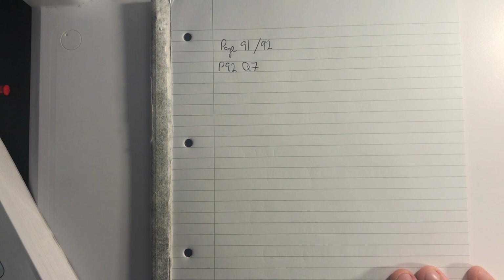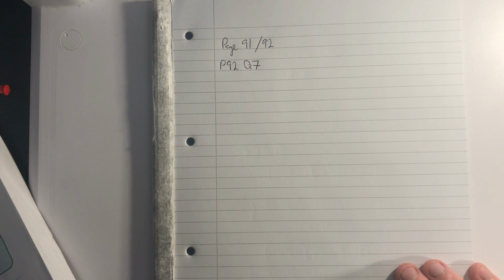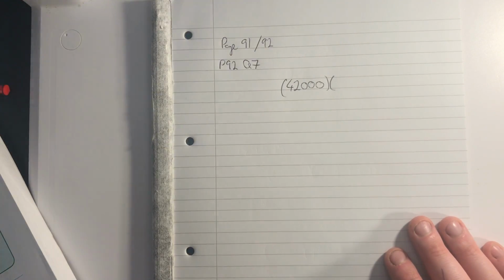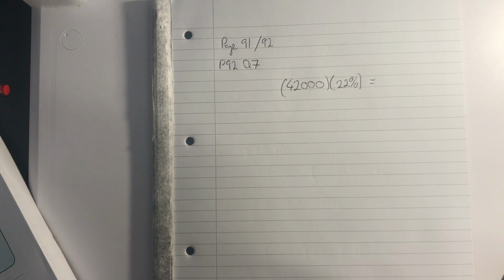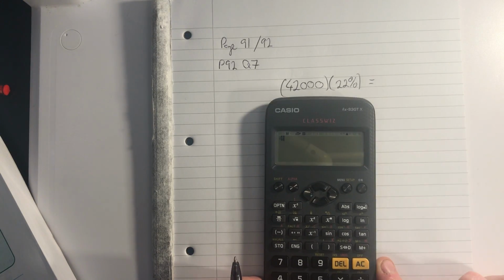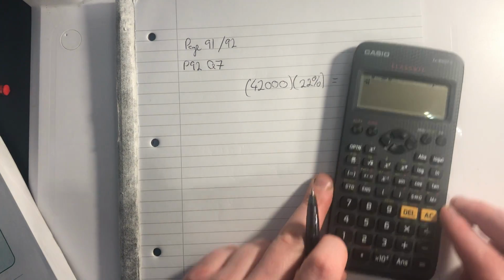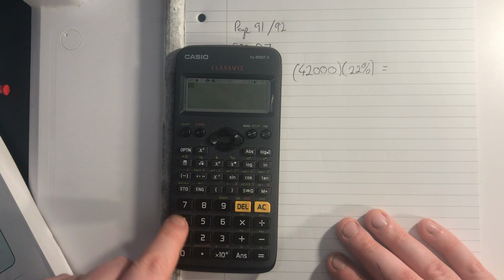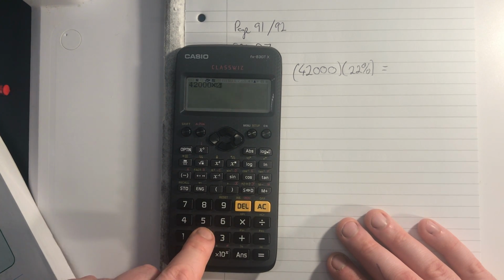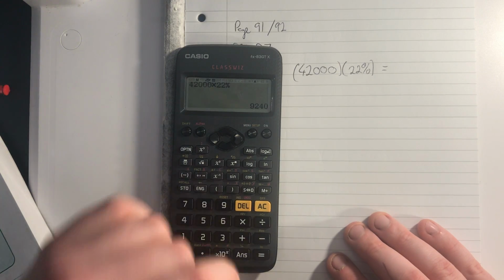All right. So 42,000 times 22%. The government comes along and wants to take 22% of 42,000 off her. 42 multiplied by 22% equals 9240.